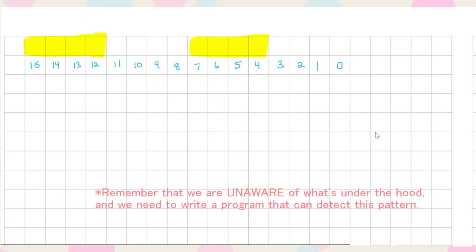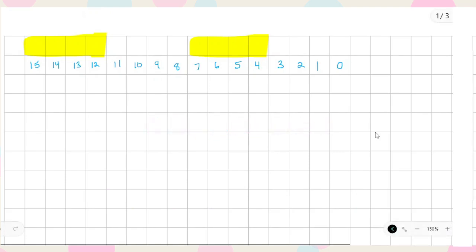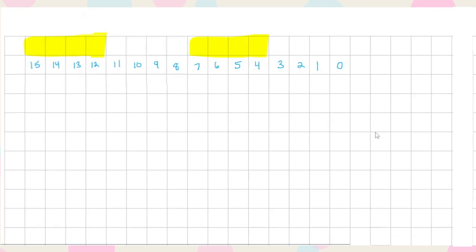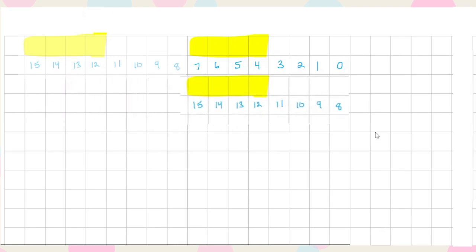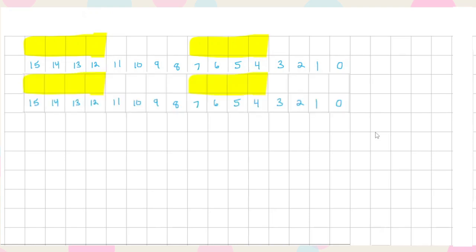So the part of the prompt is asking us to try and evaluate in parallel. Evaluate in parallel kind of means I want you to imagine you're taking this chunk of bits here and just moving it below. Now, you're not really moving it below. What you're really doing is creating a copy of it moved below.